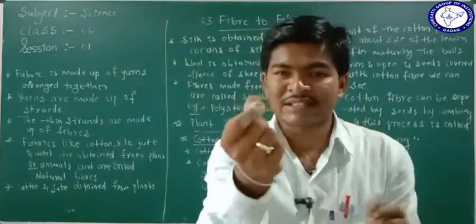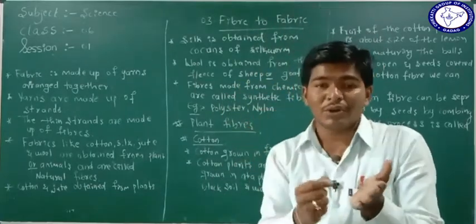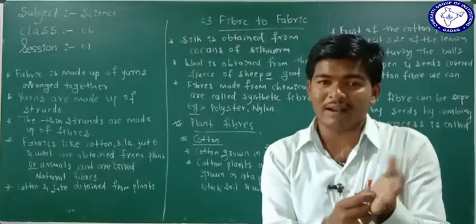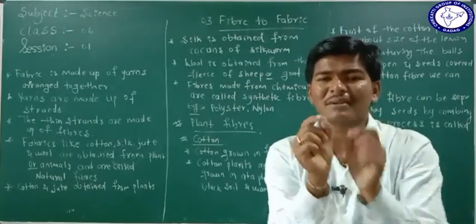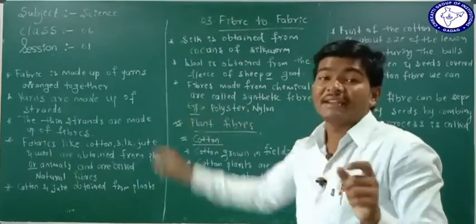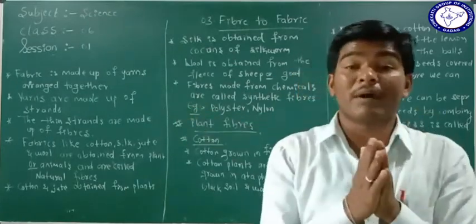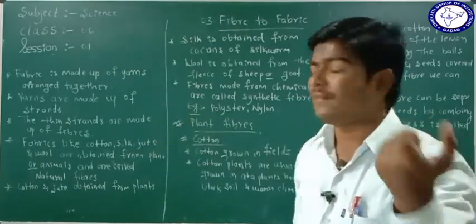When you take one thread and rub it in your hand, you see some branches. Those very small branches are called strands, and those strands are made up of fibers.